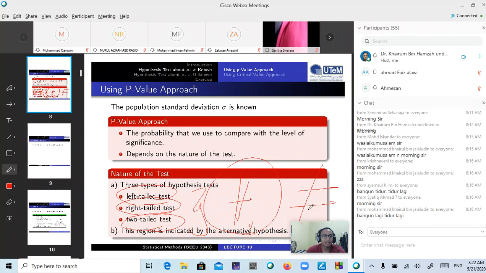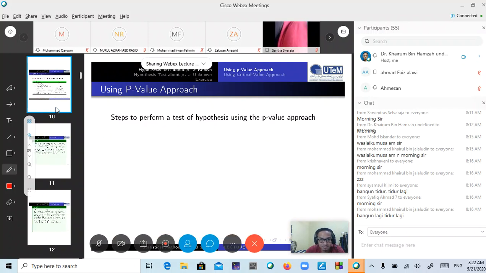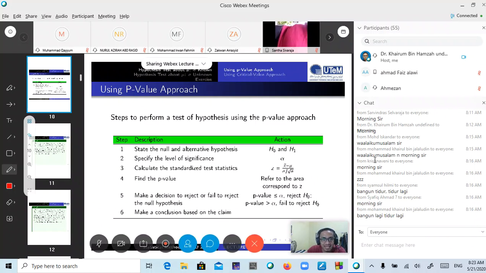And how to make a decision? In order to make a decision, you must perform these steps. The p-value approach has 6 steps. We already learned last week. The first one is to state the null and alternate hypotheses, meaning you must identify what is your H0 and what is your H1.